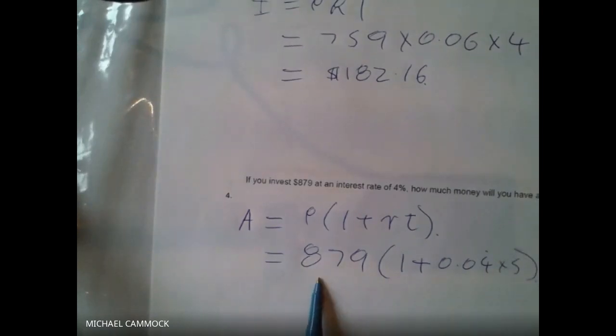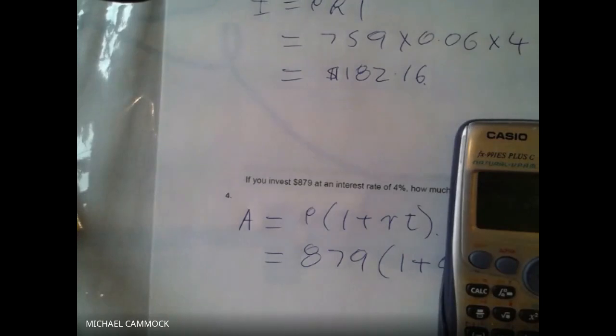So 879, open bracket, 1 plus 0.04 times 5. We'll put that on my calculator now. So 879 times bracket, 1 plus 0.04 times 5, close the bracket, equals.